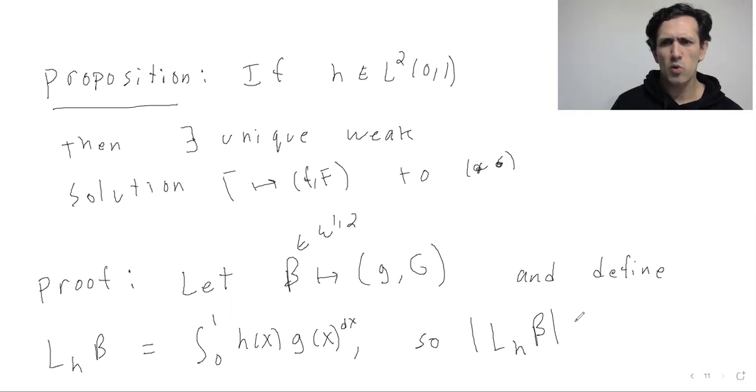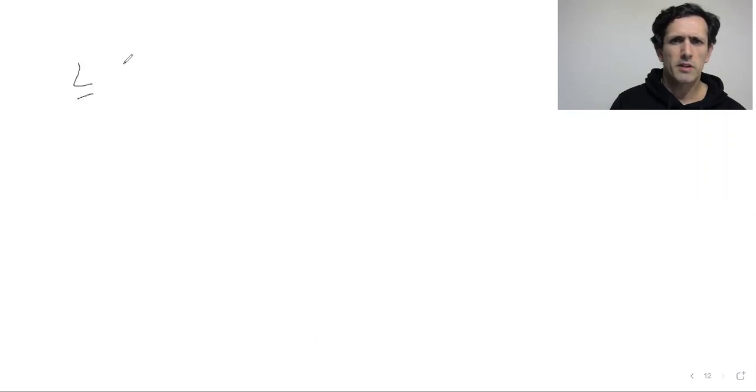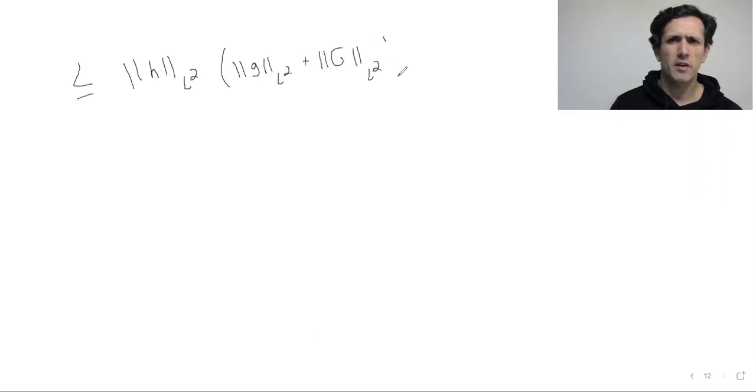So by the Cauchy-Schwarz inequality, this is obviously less than or equal to the L2 norm of H, L2 norm of g, which is obviously less than or equal to the L2 norm of H times the L2 norm of little g plus L2 norm of big G, which is equal to the L2 norm of H times the Sobolev space norm of, sorry, not gamma, of beta.